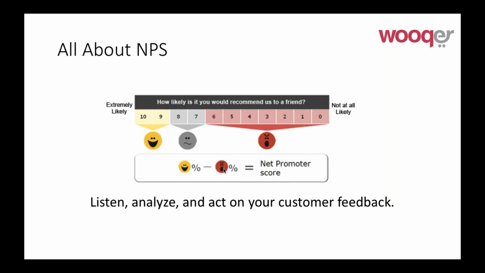And so the concept came in of a Net Promoter Score, wherein you ask the customers a simple question: how likely is it that you would recommend us to your friend? Asking for a recommendation is a very strong indicator of whether the customer is advocating your business or is he detracting from it.